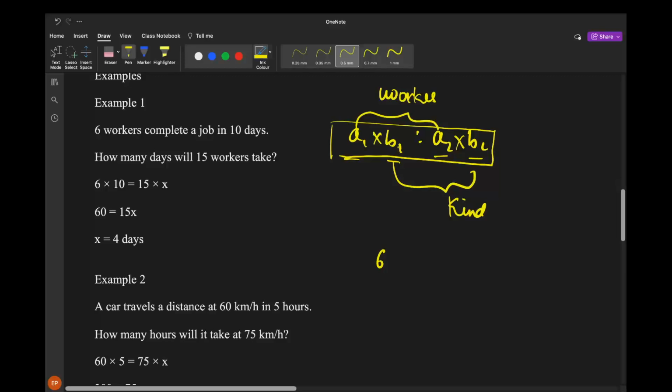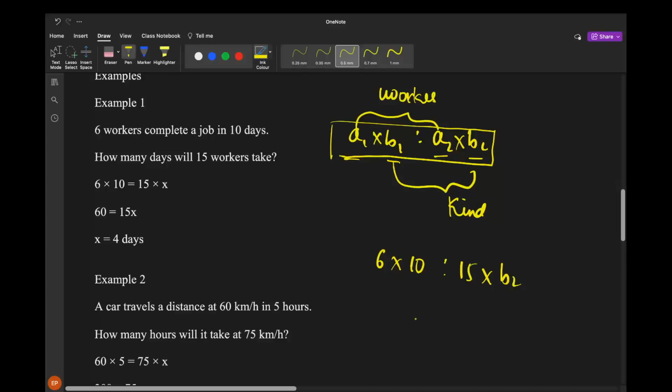B1 belongs to A1, so 6 workers take 10 days to complete. Then how many days will 15 workers take? A2 is workers, so here it is 15. We don't know B2, so we write it as B2.